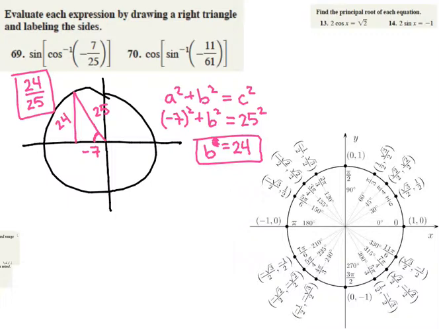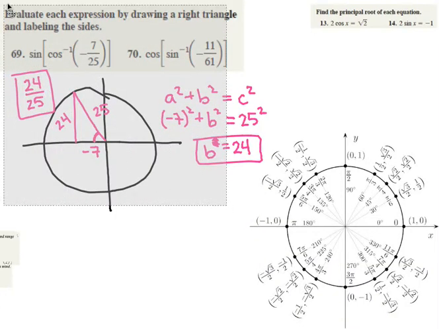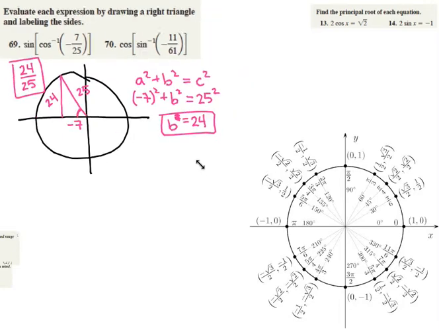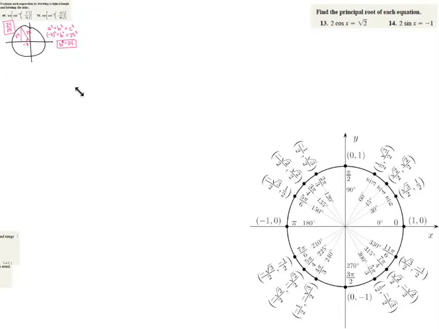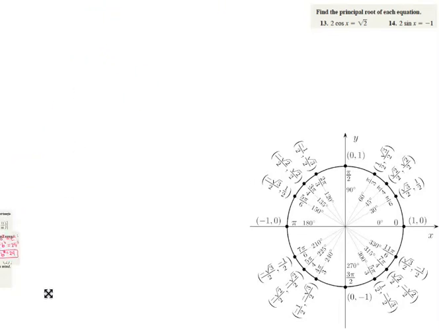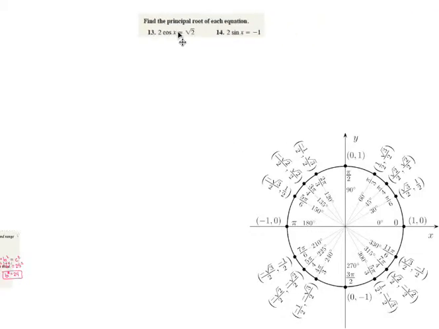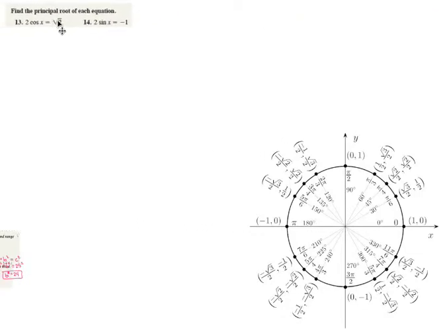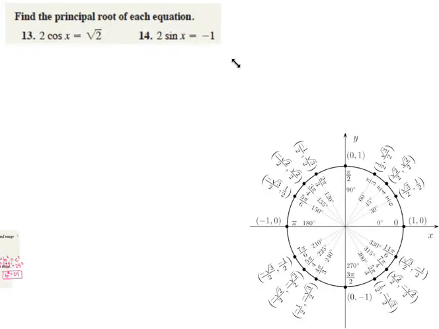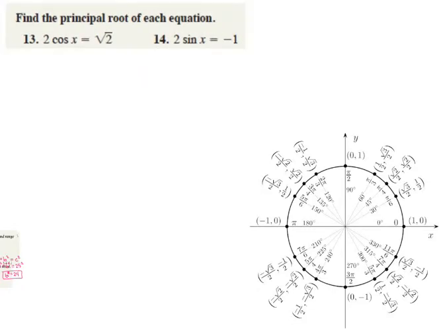And then the new stuff we started talking about today was solving the equation side of it. So let's take a look at an example like that. So for the equations, we want to find the principal roots of each equation. So in this case, what we want to do is isolate the trig function.